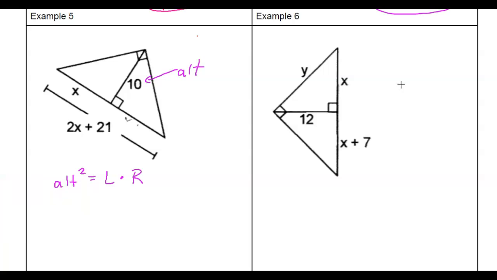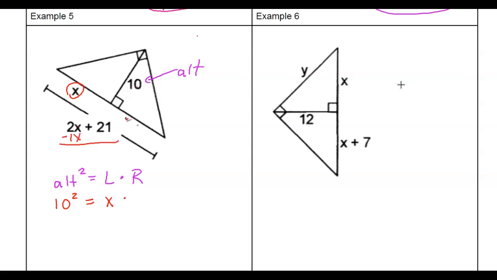Okay? So I know my altitude is 10. The left part is x, but I need to figure out my right part because I'm given the whole. Well, if I know that my whole thing is 2x plus 21, and I know part of it is x, that means I want to take that off to figure out what's left for the right.